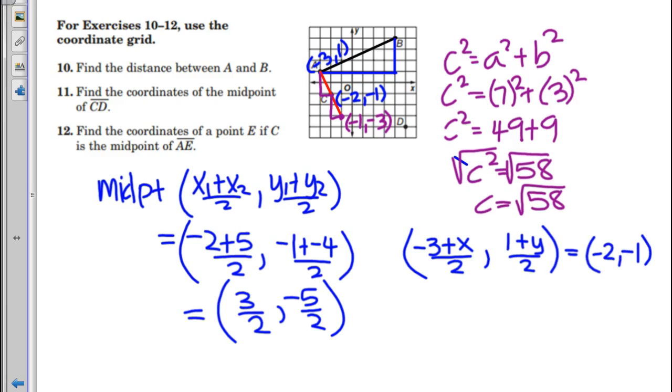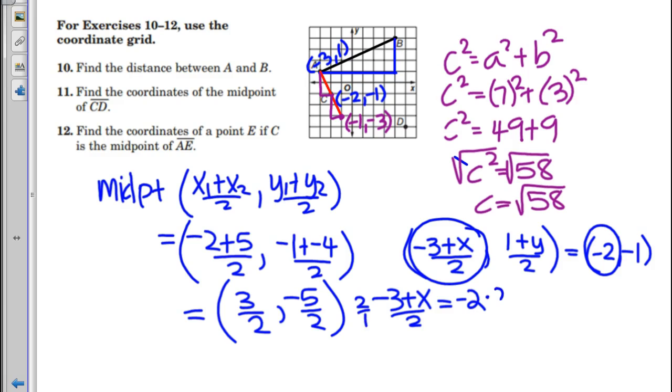Now we're going to set up little equations to solve. So we'll take this guy, which is the x coordinate, and set it equal to the x value and solve.